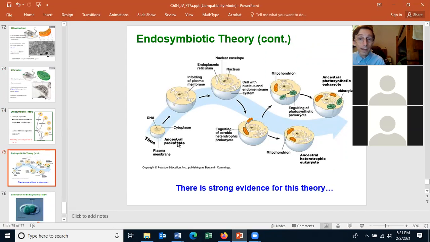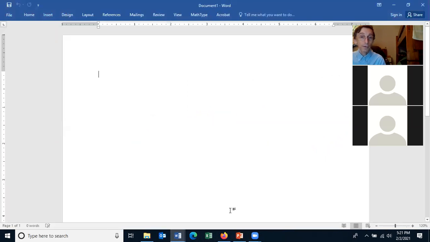It wasn't quite a eukaryote yet, because it didn't have all the characteristics of eukaryotic cells that we have today, but it was an early ancestor of the eukaryotic cell.